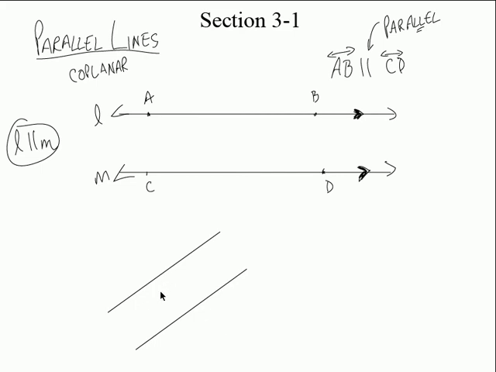They kind of look like they are, don't they? I don't know for sure if they are or not. But if I did this, guess what now? Now they are, because they told me. The person in the book that drew the picture, if they put the little arrows on here, that means those two lines are parallel to each other. Everybody good with that?